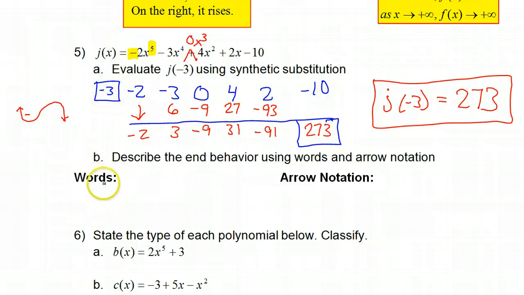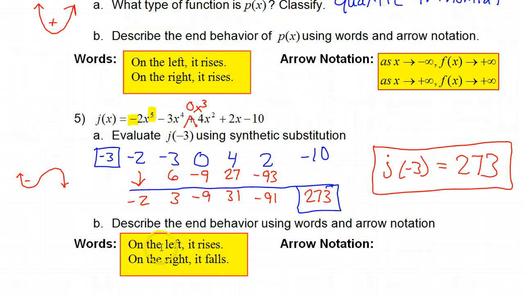Okay, so in words, this end behavior is: on the left it rises, on the right it falls. Like this. Just use this little sketch.